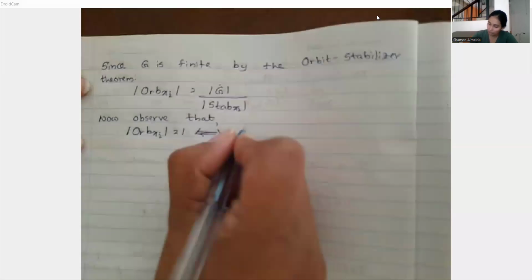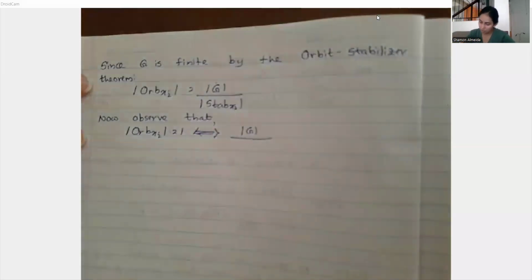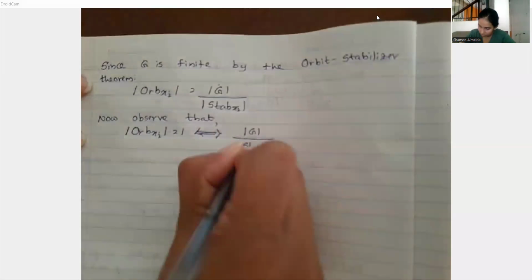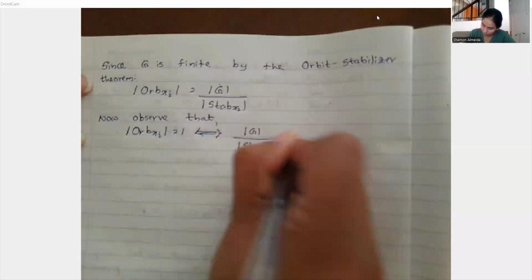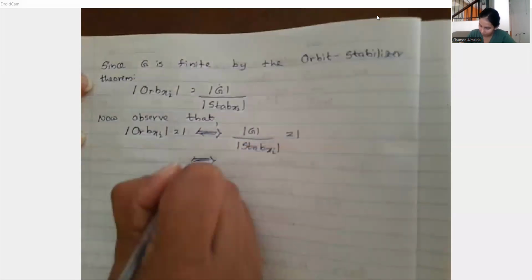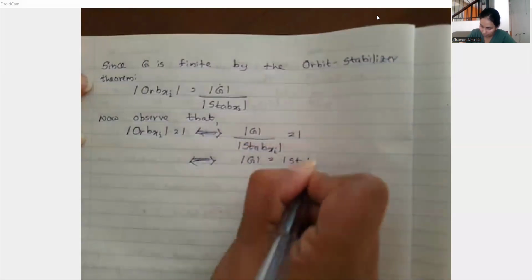This is equal to 1 if and only if the number of elements in G is equal to the number of elements in the corresponding stabilizer.